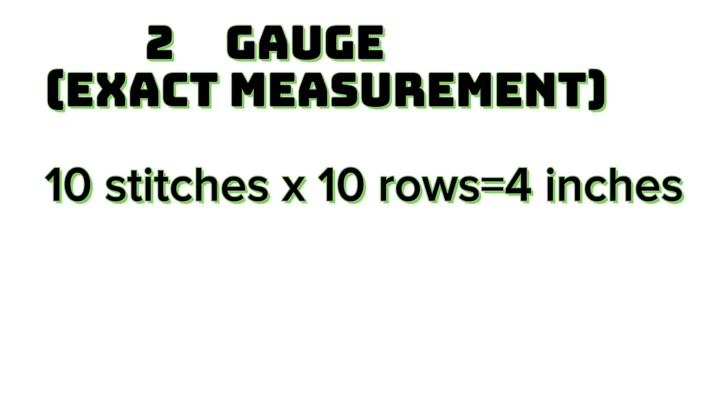2. Gauge. Gauge means the exact measurement of the outcome of the item, this exact measurement you're going to get for that item that you really need to recreate. Now let's give an example. 10 stitches times 10 rows equals 4 inches.